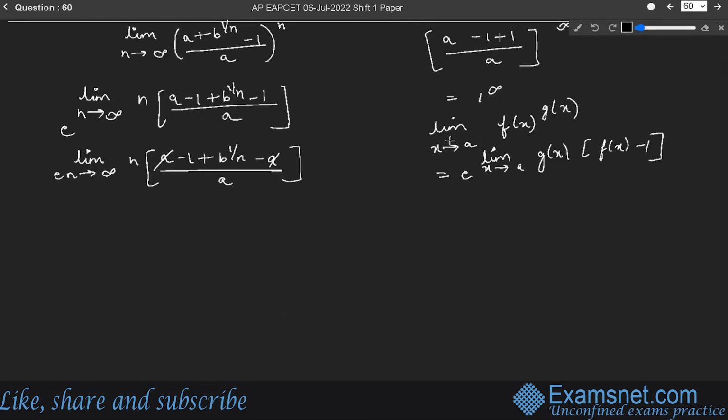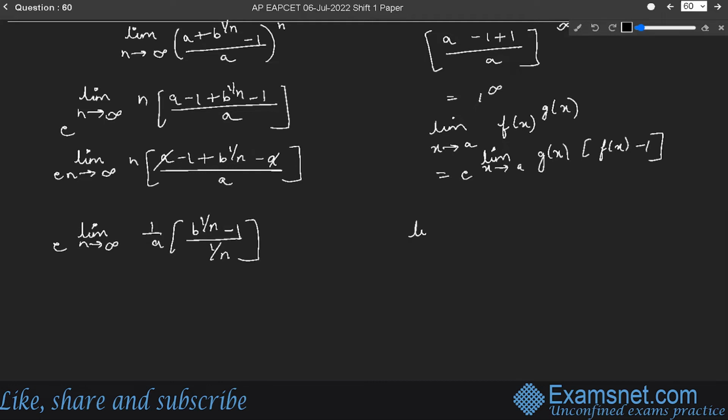So this expression becomes e power limit n tends to infinity, 1 upon a into (b power 1 by n minus 1) upon n.